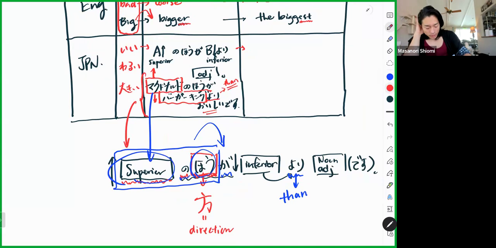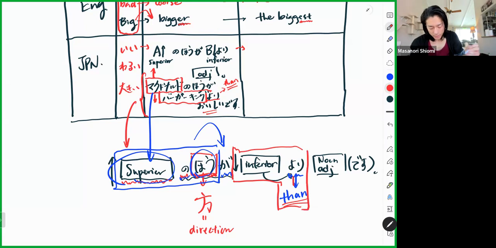Just like how the word "than" entails in English too, "than" is used for something that is inferior to the other, right? So I guess it's simple if you just memorize Yori as "than." Whatever you connect Yori with, it would mean something that's lower or worse or inferior to the other one that you're comparing with.